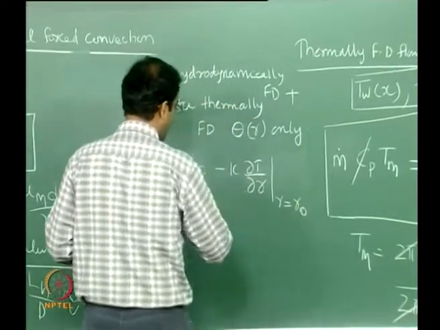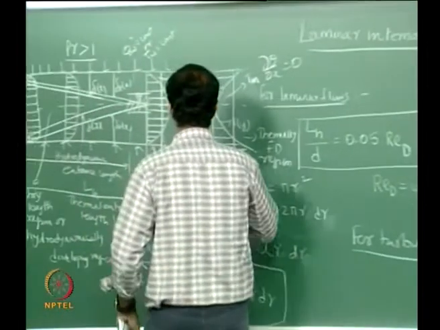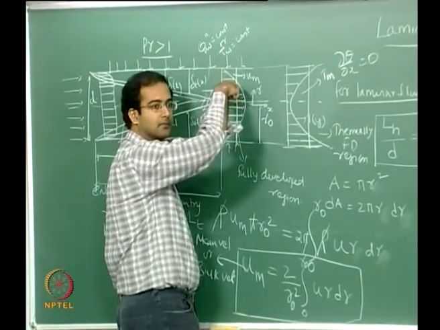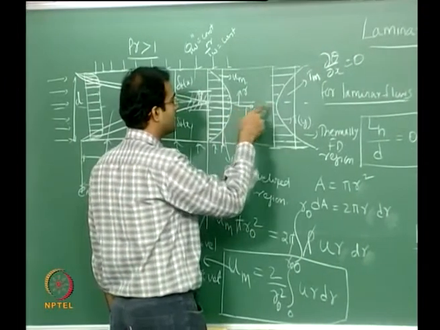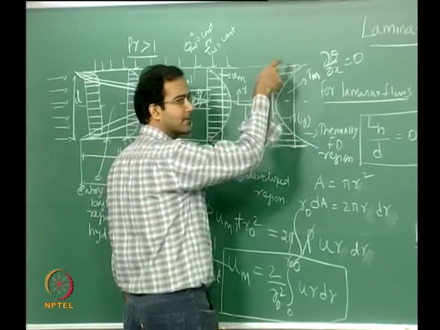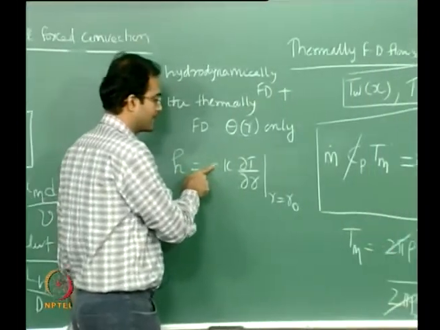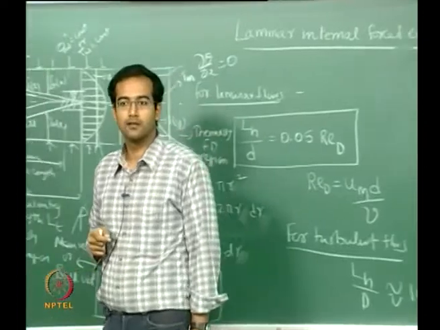Okay, now you have to be careful with the sign, because the coordinate is going from the center, it's not coming from the wall. So you see the temperature increases with increasing r, so you don't have to put this negative sign here, the gradient will anyway be positive.